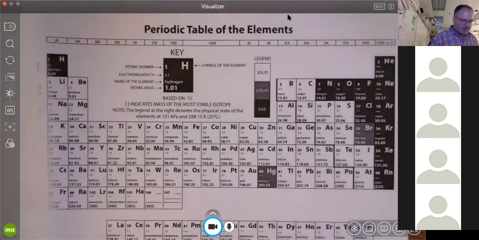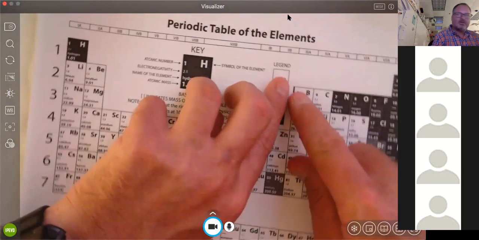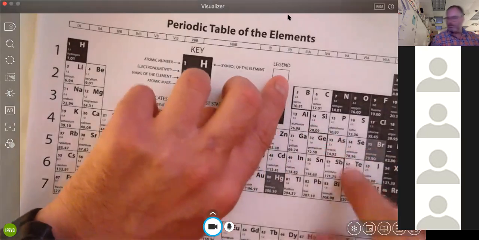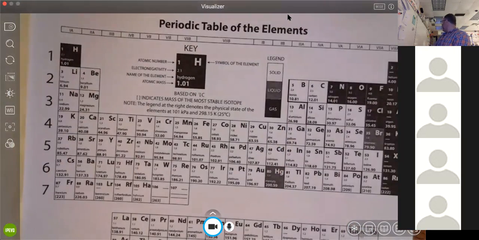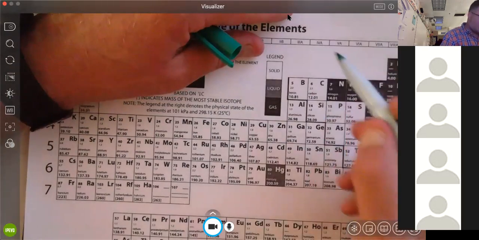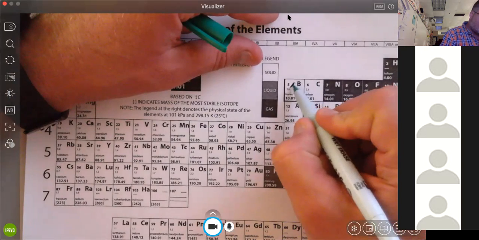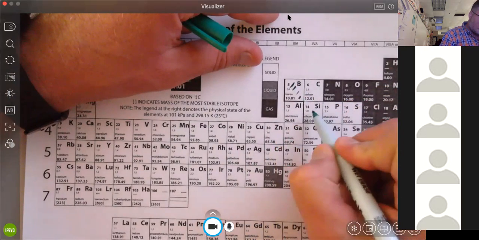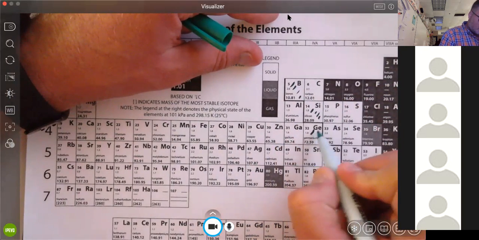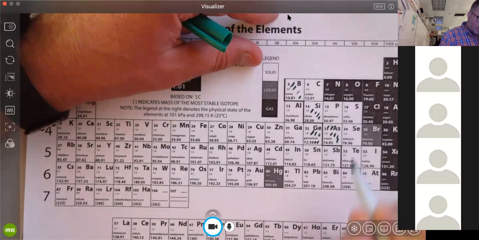The way we do the metalloids is basically we take a look at this little line we have here that's darkened. I suggest if you have a highlighter or something like that, you can highlight these guys. If you don't, then you can use some other color, colored pencils or something like that. Basically, we're just going to get some type of marking here on the metalloids.